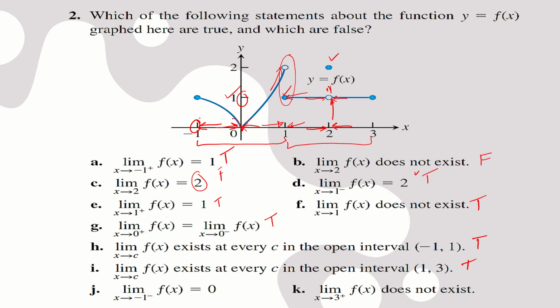So if you see on the left side of the point, the function is not defined. So this limit cannot be 0. So it's false. And at 3 from right side does not exist. So the answer is yes, because the function is not defined here. So if the function is not defined, how could we say limit is defined? So the last one is true.